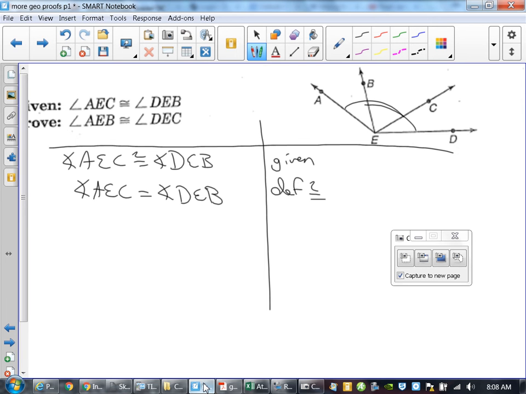Angle AEB plus angle BEC equals the bigger angle AEC. So angle AEC is made up of the two smaller angles, AEB and angle BEC. So what is it when you have two smaller angles make up a bigger one? Angle addition.